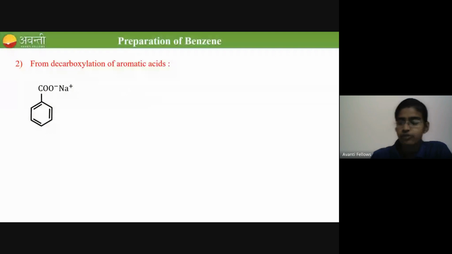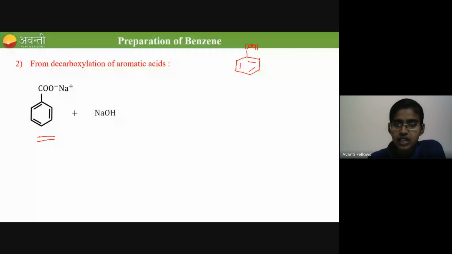Now if I attach COOH to this benzene, this compound is called benzoic acid. Now if I want to make the salt from this benzoic acid, I will have to treat this with another compound, and I will get COO minus and Na plus. So this is the sodium salt of benzoic acid.